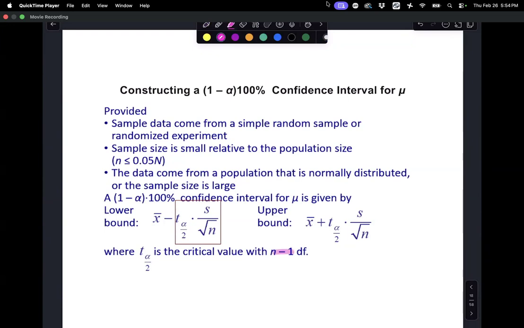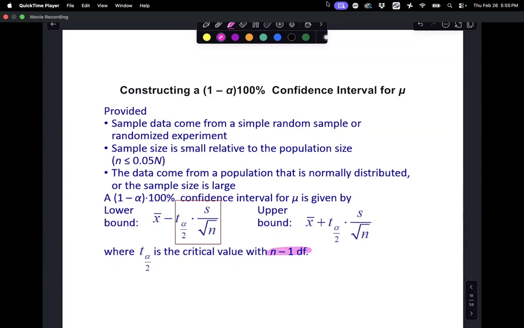Finally, we use n-1 degrees of freedom. So if your sample size is 15, you will use the critical value for 14 for your degrees of freedom. We do this because we're dealing with sample data. We need to account for the variation that occurs because we're dealing with sample data.